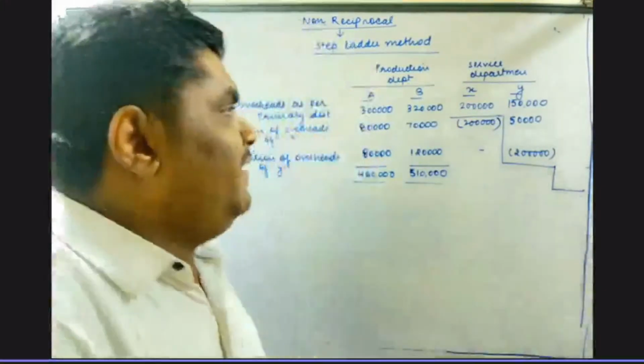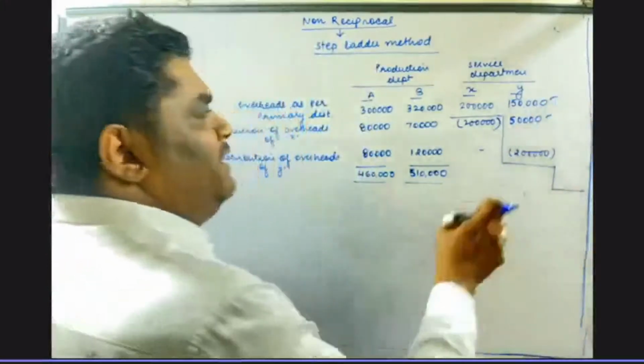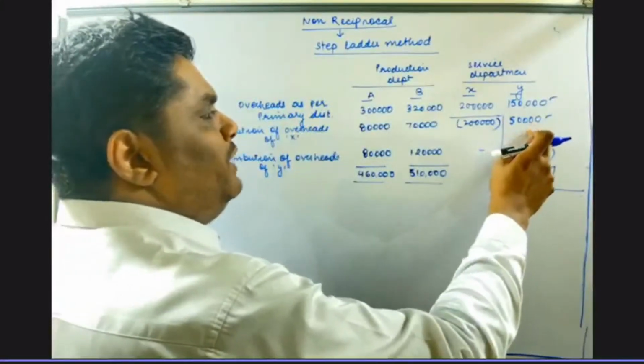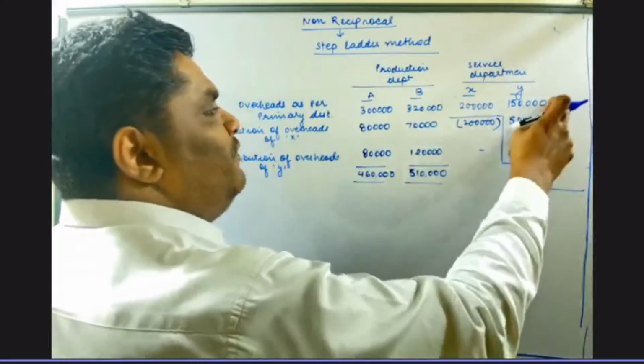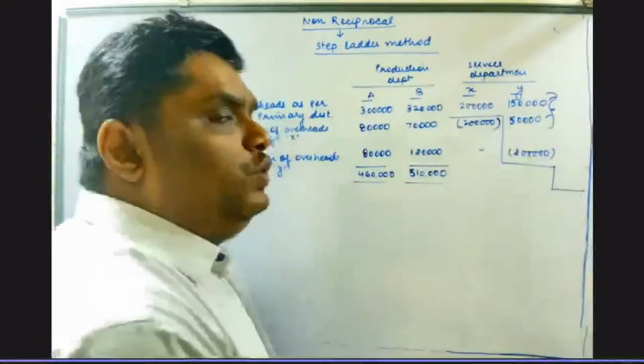Soumyakant Raut, when talking about the total of Y, it is 1,50,000 plus 50,000, that is the overheads of X that are distributed to Y. So the total overheads of Y that will be distributed is 1,50,000 plus 50,000, that is 2 lakh.